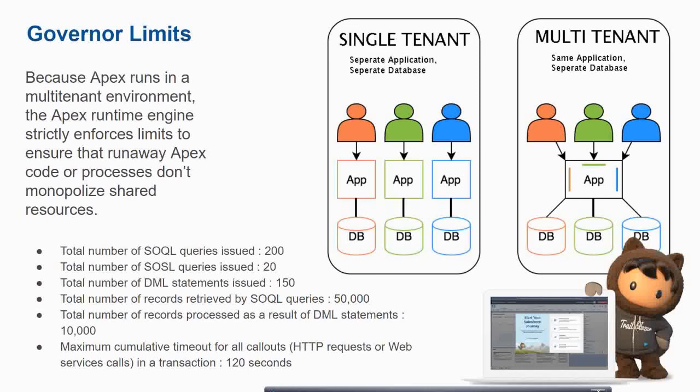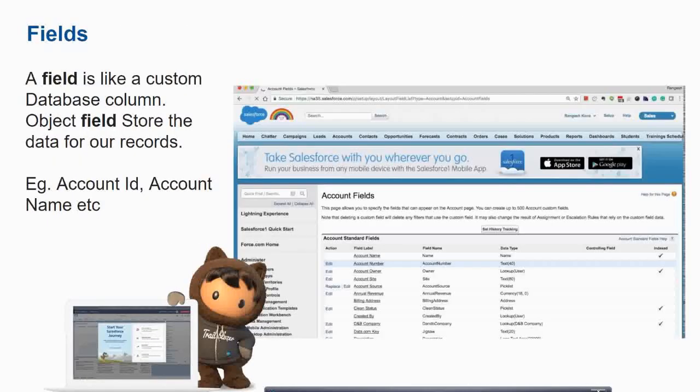For example, for SQL queries they can fetch only 50,000 records. There is a certain limit up to which they can call, so that they don't disrupt other businesses. For this purpose there are governor limits.